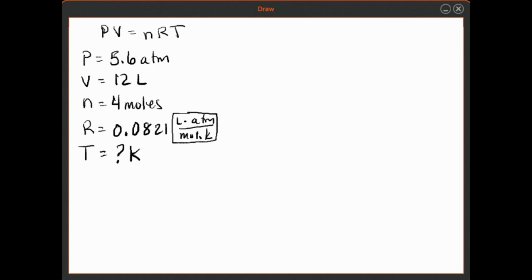So now that we have everything, we can plug things into our equation. So we've got pressure, which is 5.6 atmospheres, times volume, which is 12 liters, equals 4 moles times our R value, 0.0821 liters atmospheres over mole Kelvin.